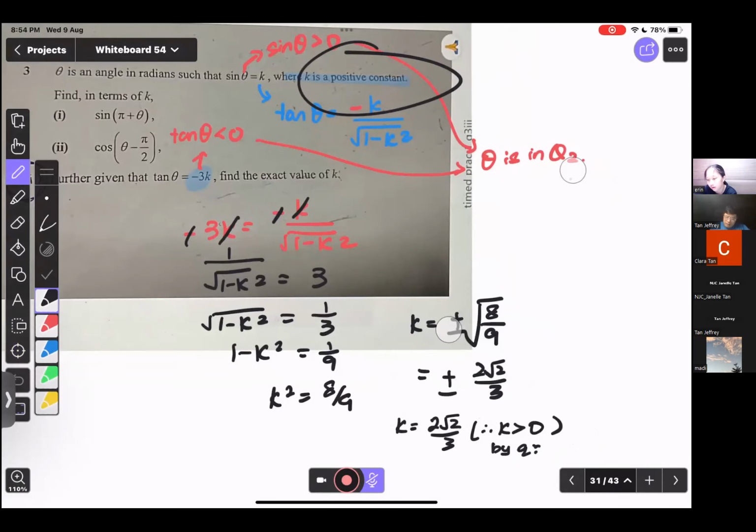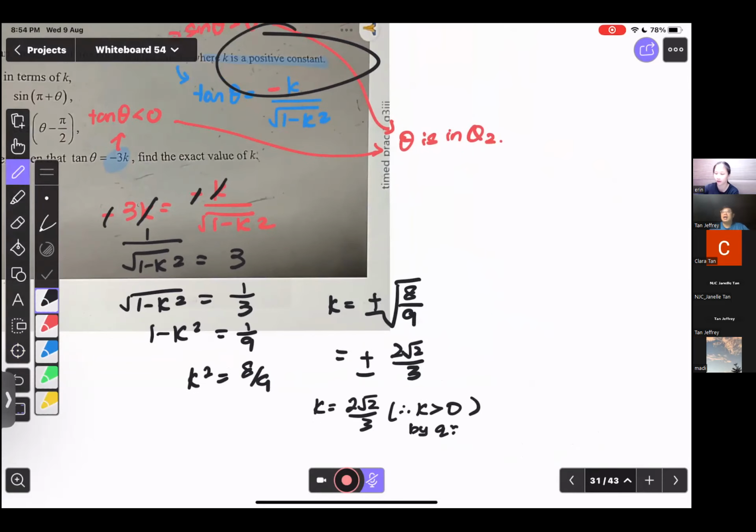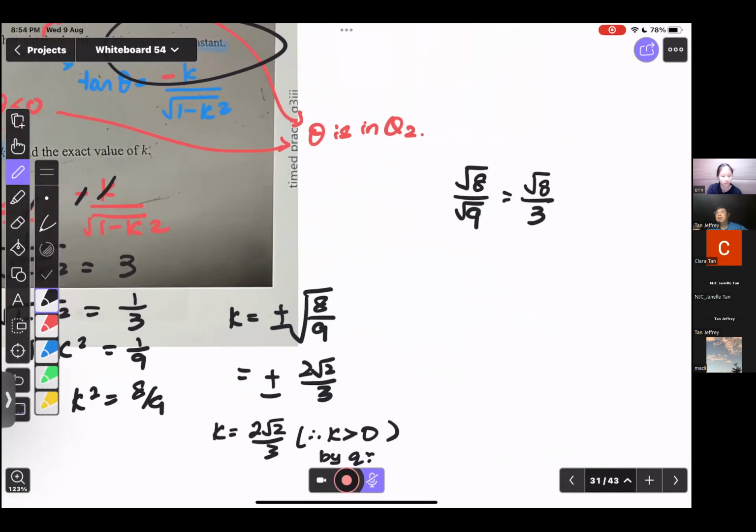Square root 8 over 9 is the same as square root 8 over square root 9. 9 is a nice number, so it's just square root 8 over 3. Being a person who likes to simplify surds, you break it down and pull out a perfect square. So this is the same as square root 4 times square root 2. After a while, it becomes very natural. You naturally look for perfect squares, isn't it?